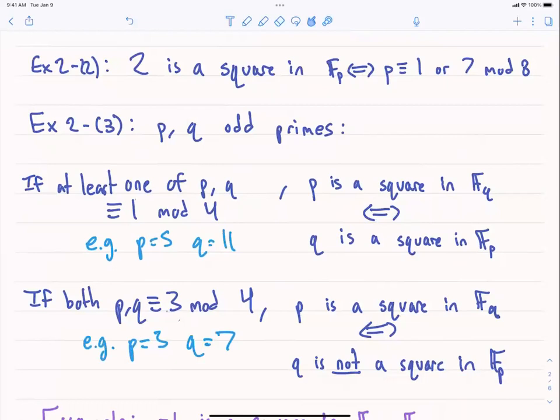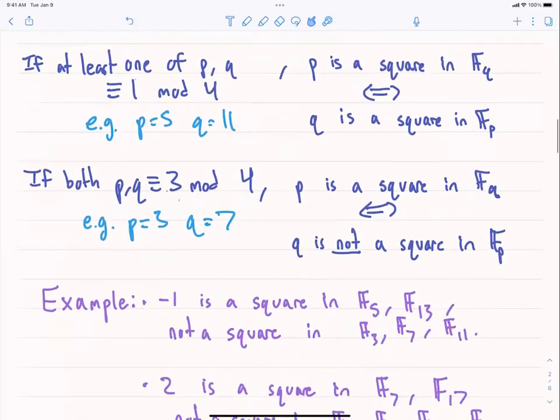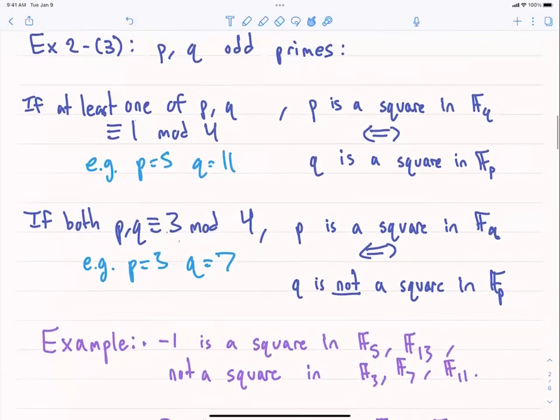Okay, so let's see these patterns in some concrete examples, just to put them in our heads. If we look at the first pattern, the one about when minus 1 is a square, the pattern we noticed is that it's a square when p is congruent to 1 mod 4. So for example, when p is 5 or 13, these are congruent to 1 mod 4.